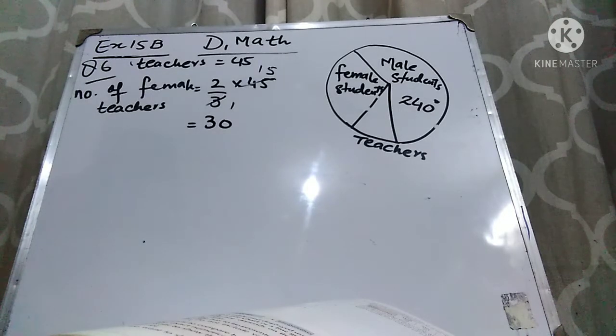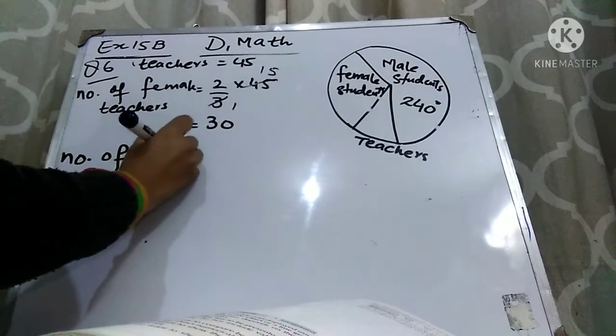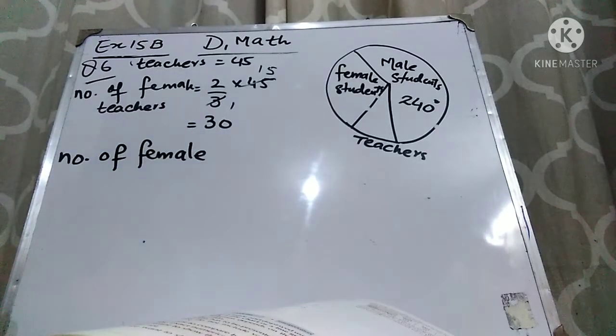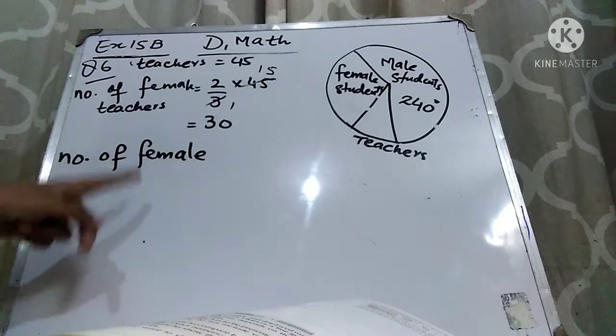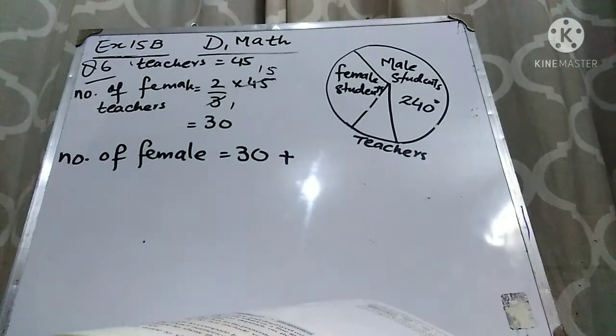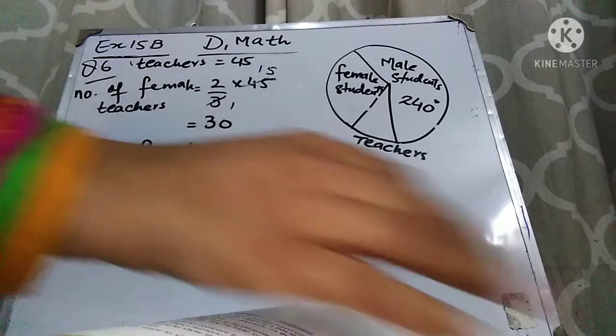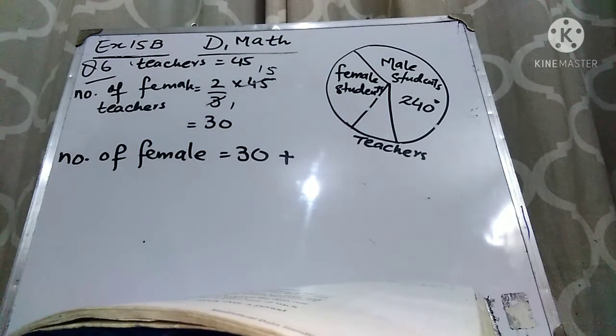Students, after this it's written to express the number of females in the school. Now we have to find the number of females, and the number of females includes the number of female students and the number of female teachers. The number of female teachers is equal to 30, and you found the number of female students in part B. It was 5x, and when you multiplied 5 with 45 you got 225.